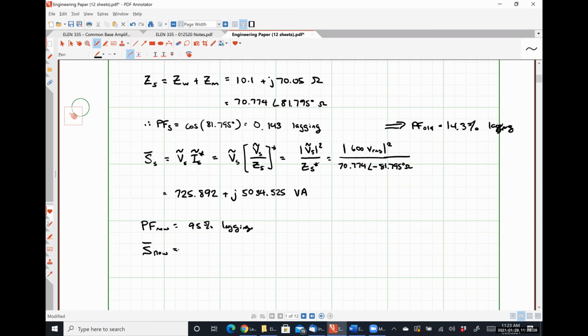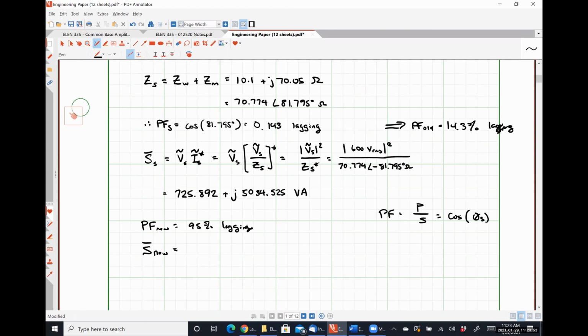And we can infer the power factor angle because we know the power factor target. So using the definition of power factor, PF is equal to P over S, which is the same as cosine of theta S.